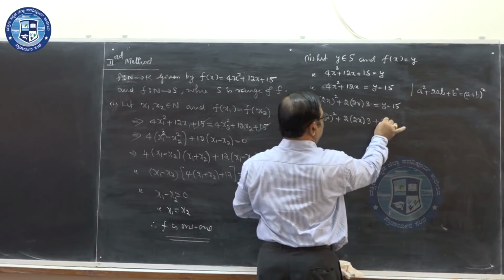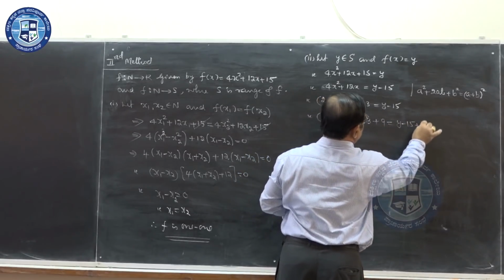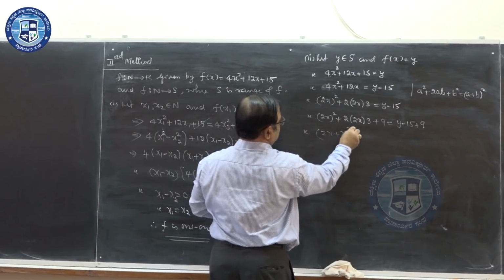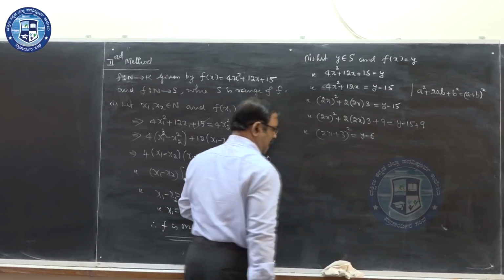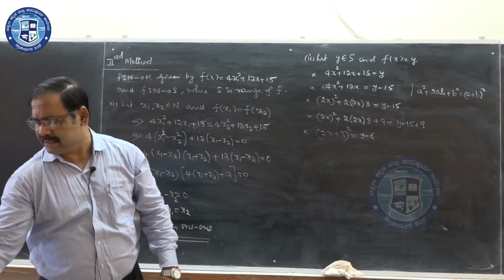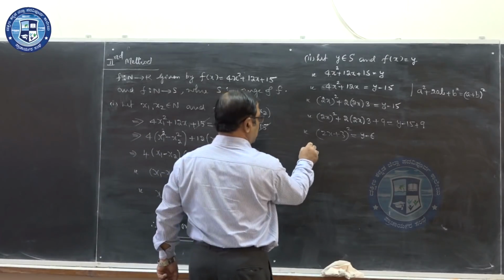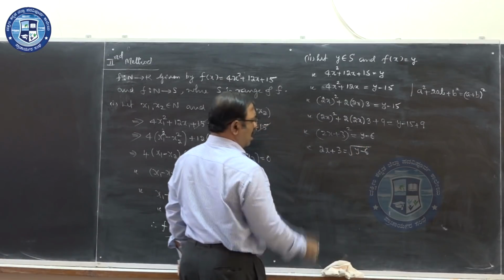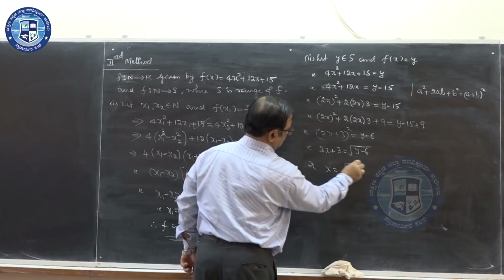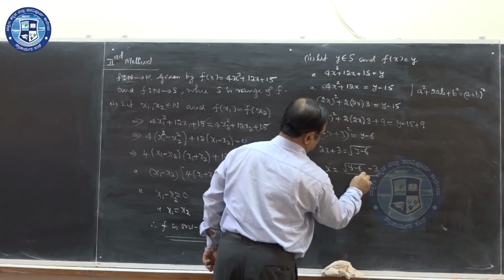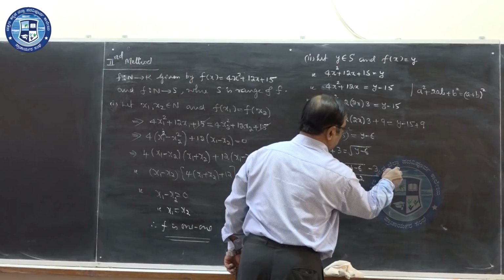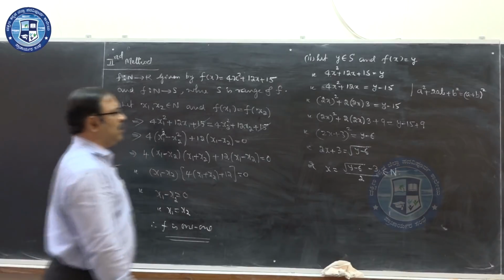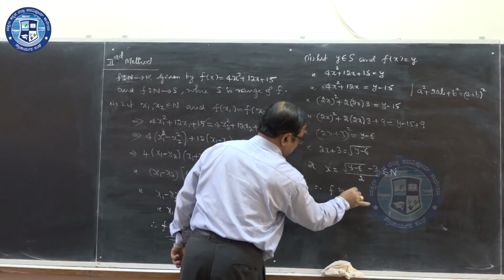B square means 3 square to be added to both sides, that is 2x plus 3 whole square equals y minus 6. Taking square root, we write x equals root of y minus 6 minus 3, by 2. This belongs to N. Therefore, f is onto.